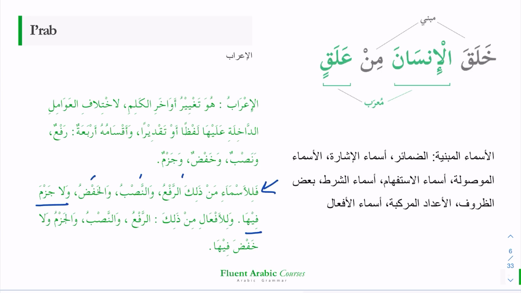The noun never accepts the state of jazm. Muhammad never ends with the sukoon. If you want to stop at the word Muhammad, we can stop with the sukoon, but there is always a haraka at the end of the word, because the noun will not take the state of jazm.